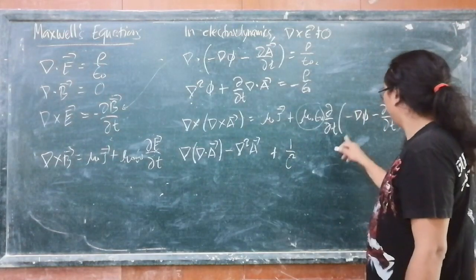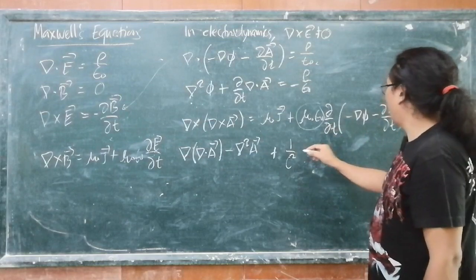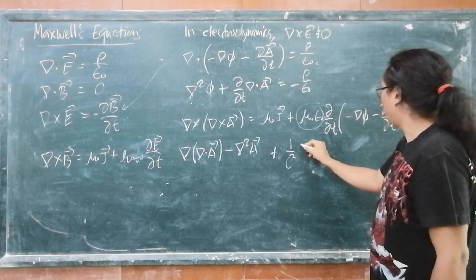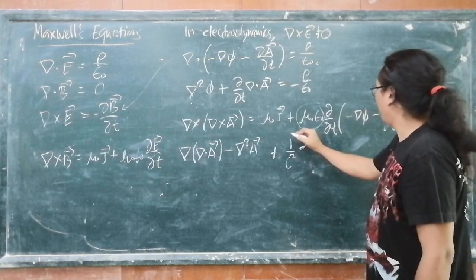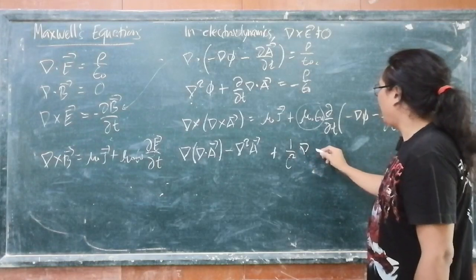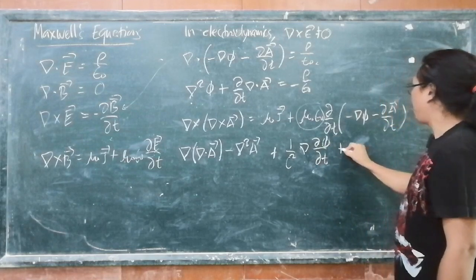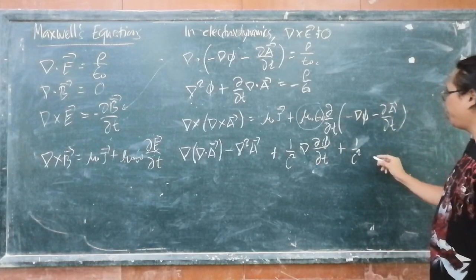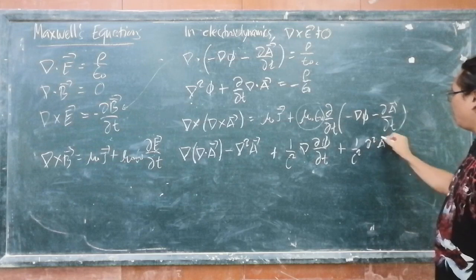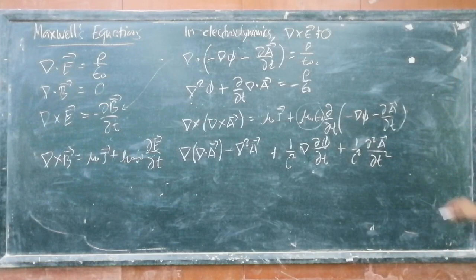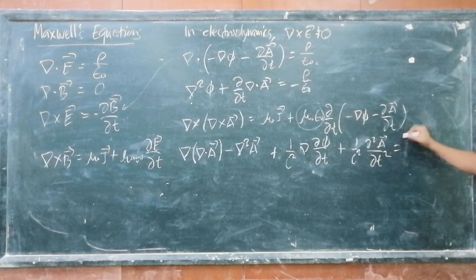And you have, we move this to the other side, so this is del partial phi over partial T plus 1 over c squared partial squared A over partial T squared. And this is equal to mu naught J.